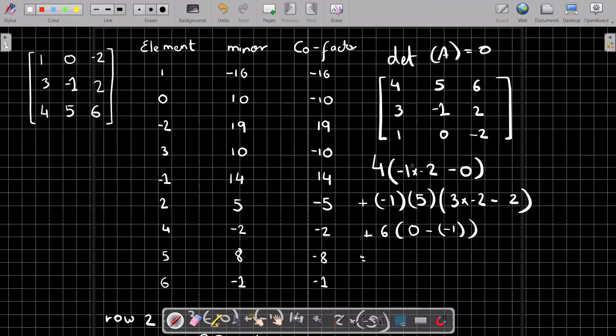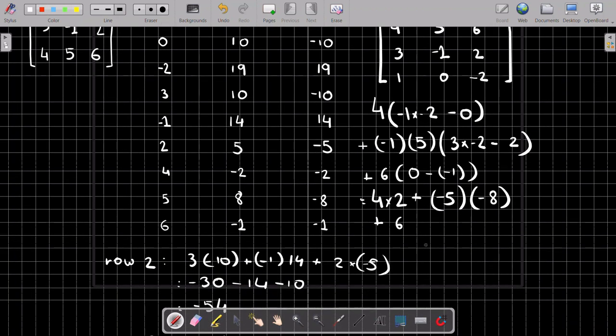So the first term becomes 4 into 2, plus the second term becomes minus 5 into minus 6 minus 2, minus 8, and the third term becomes plus 6.